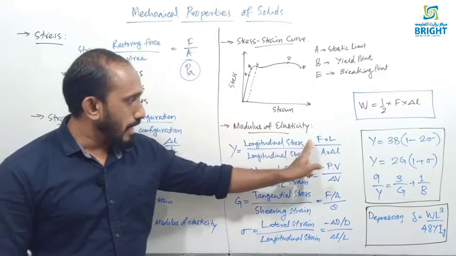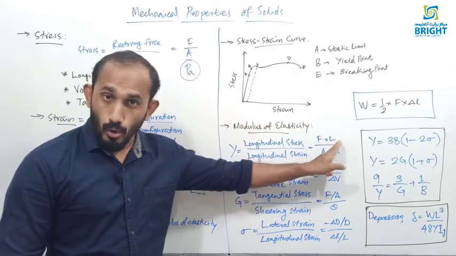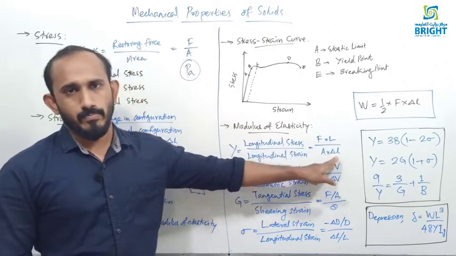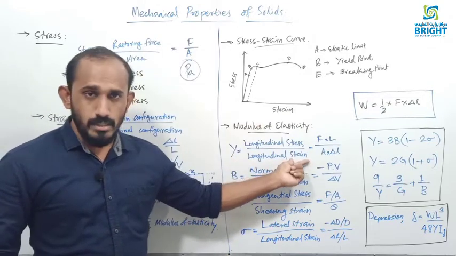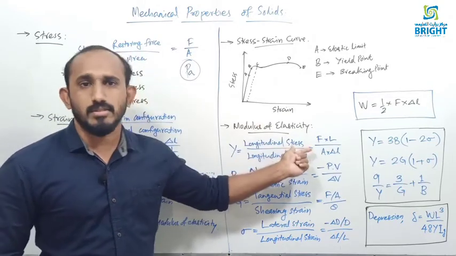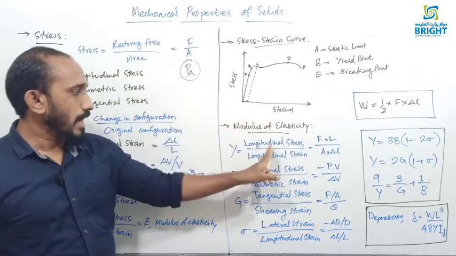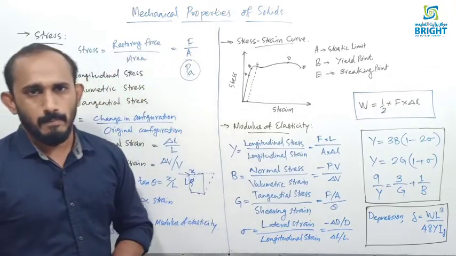So we can have F by A into delta L by L, which we can write as F into L, the original length, divided by area into change in length. This gives you the Young's modulus. Strain has no unit, so Young's modulus also has the units just as that of stress. So stress, pressure and Young's modulus, all 3 have the same dimension and same SI unit.